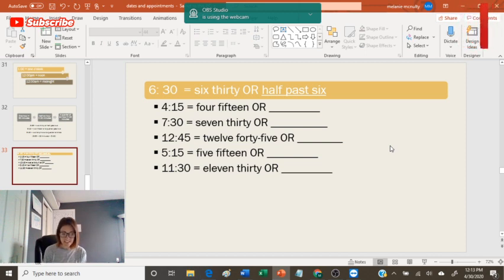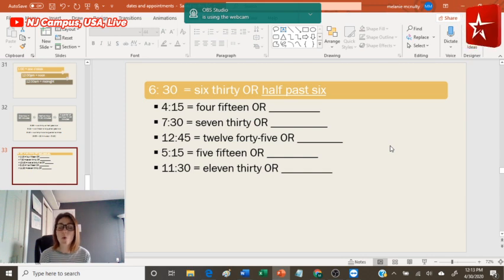How about 5:15? A quarter past five or a quarter after five. Good.